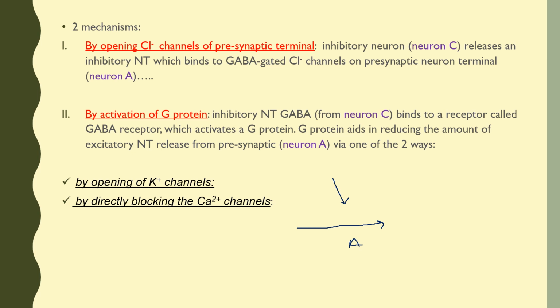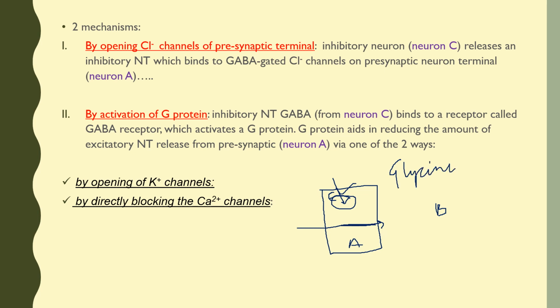A has a connection with B, and C has a connection with A. So we will talk about inhibition occurring over the A. What is the mechanism of the inhibition? The neurotransmitter released from C, because it is inhibitory, will be either glycine or GABA, right?